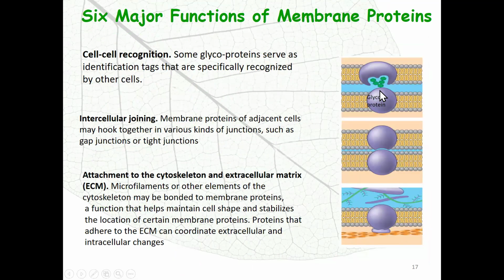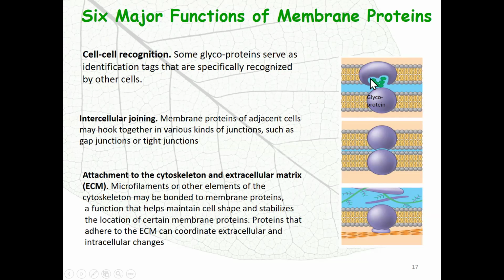Here, the other three types include cell-to-cell recognition in multicellular organisms. One cell, two cells, and the cell is the unit of the whole organ or organism. So, cell-to-cell communication, especially through glycoproteins.